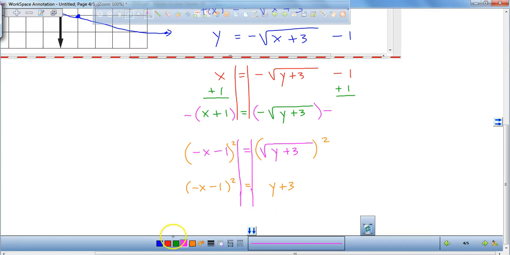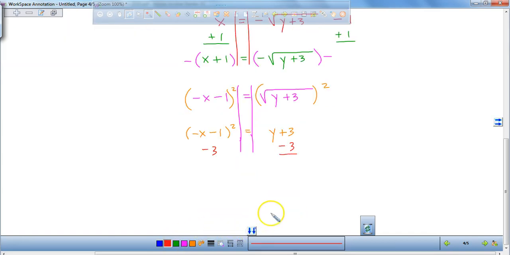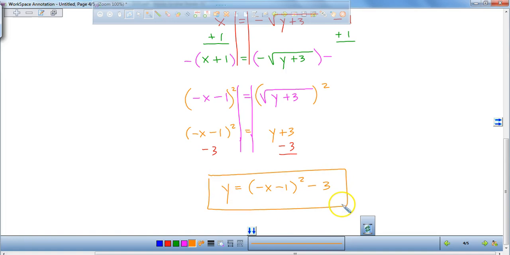Now all I got to do is finish solving for y, which is just take away a 3. Take away a 3. So I got y over here, and it's equal to parentheses negative x minus 1 close parentheses squared minus 3. So basically, its inverse is a quadratic.